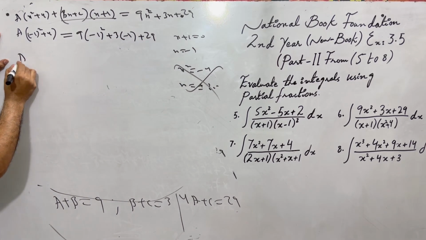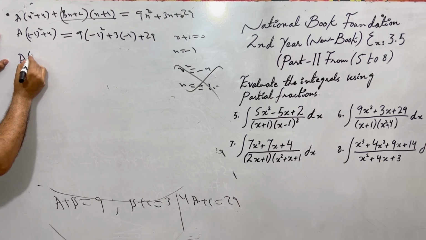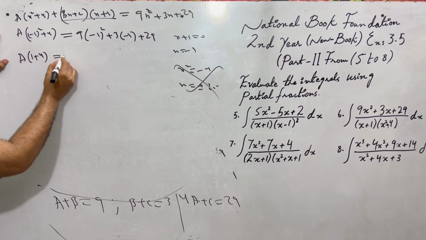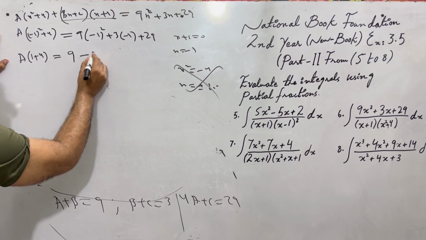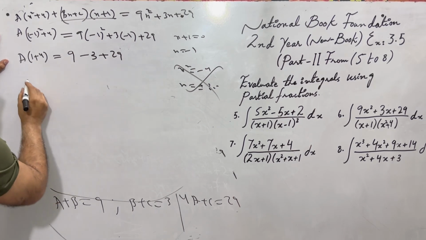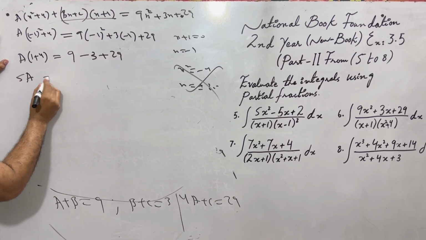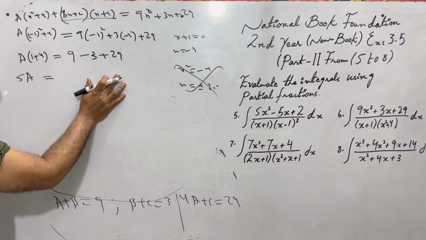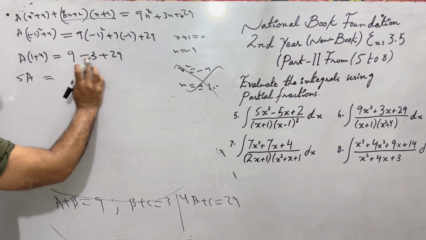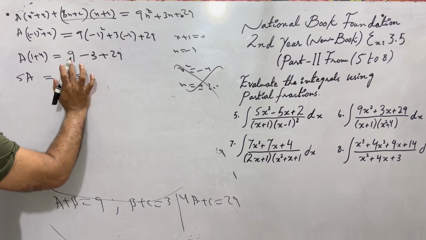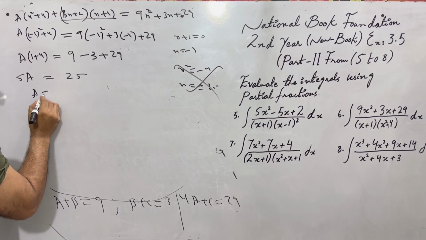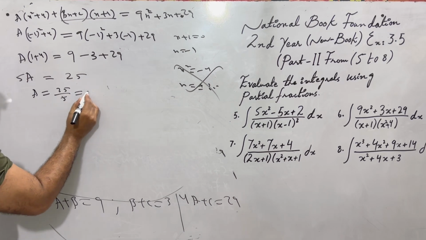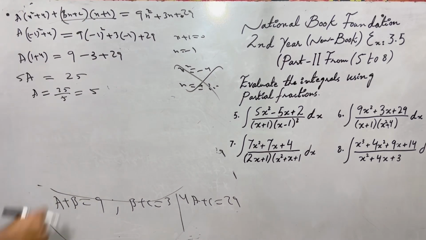Negative 1 square means positive 1, so 1 plus 4 becomes 5a. On the right, 9 minus 3 is 6, 6 plus 29 is 25. A is 25 over 5. Bingo! We have done our task.